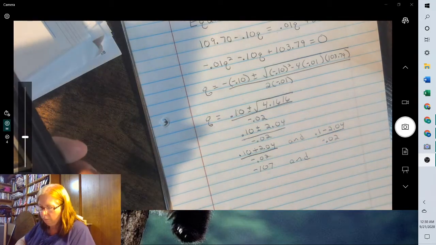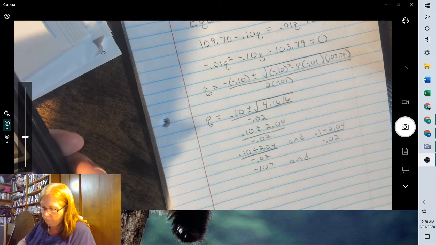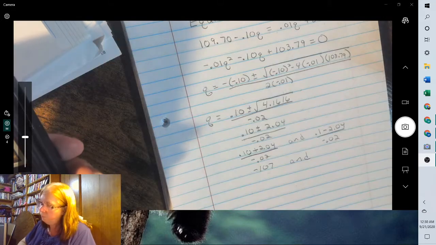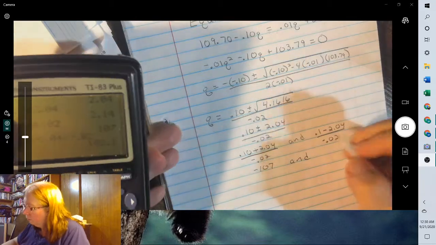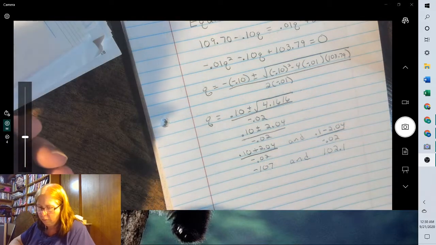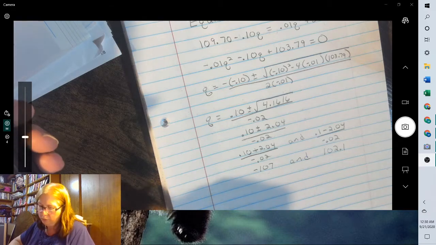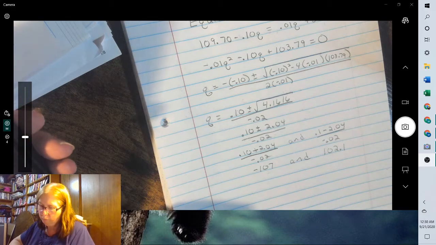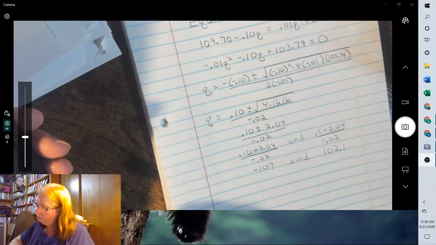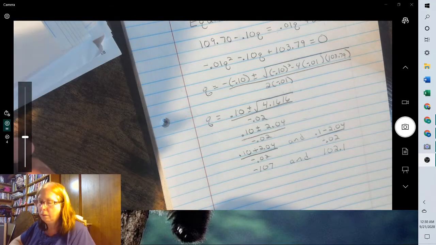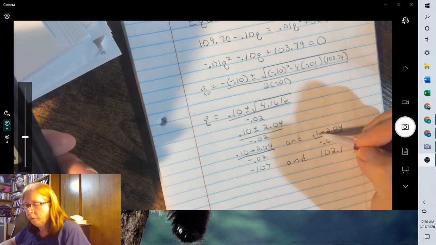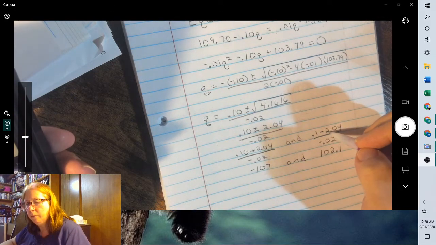And on this one, I want to make sure I calculate it right, 0.1 minus 2.04 divided by negative 0.02.